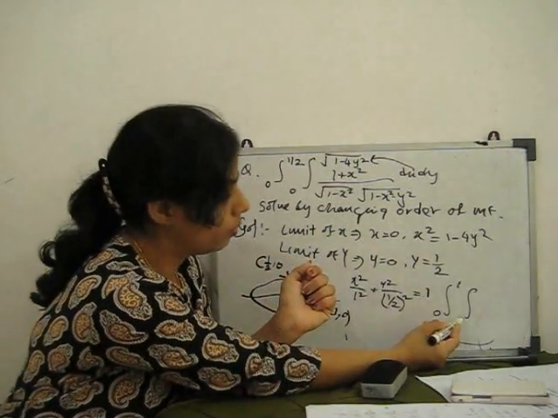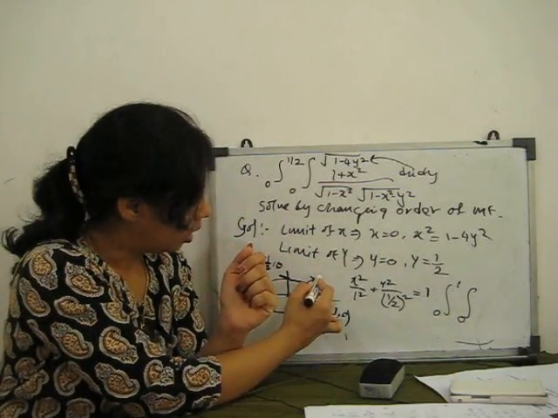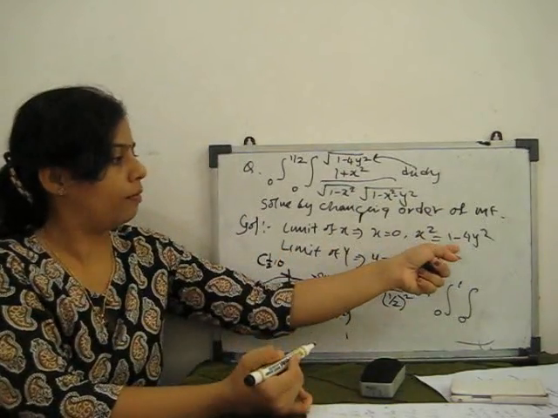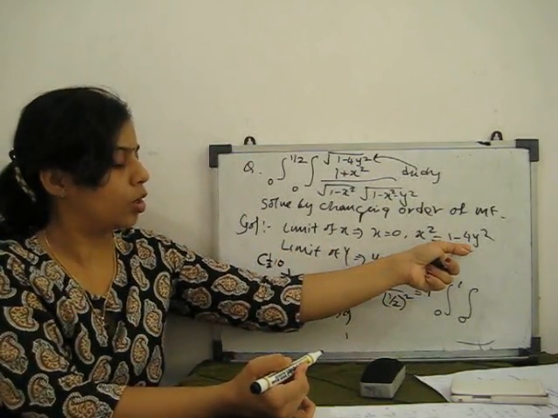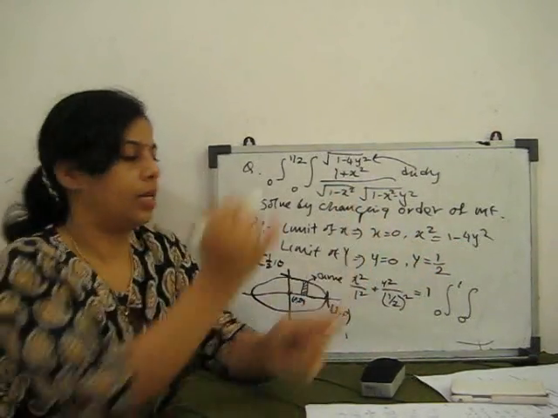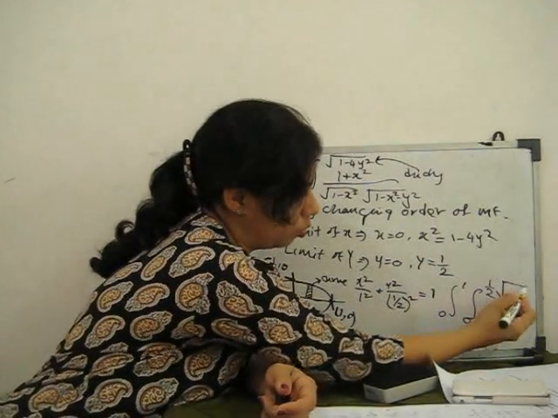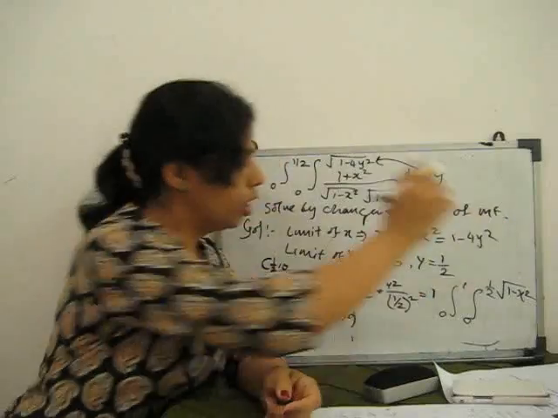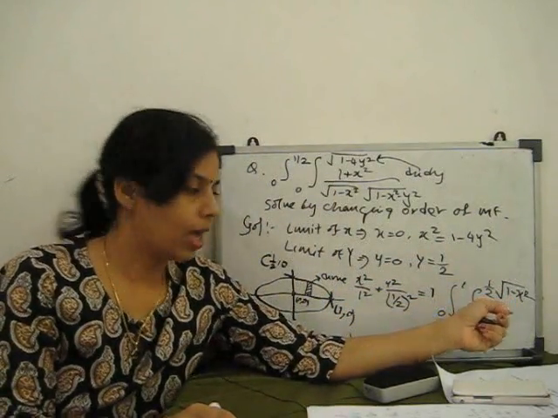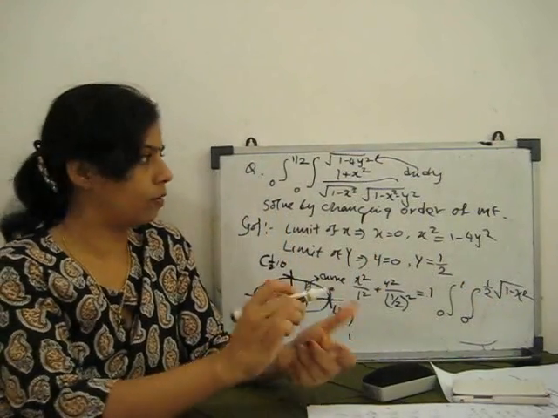So lower limit for y is 0 and upper limit is given from the curve. And this curve is the ellipse. So y is equal to 1 by 2 under root of 1 minus x square. So this is the limit for y with respect to x, limit of x with respect to constant. Now we can change the order of integration.